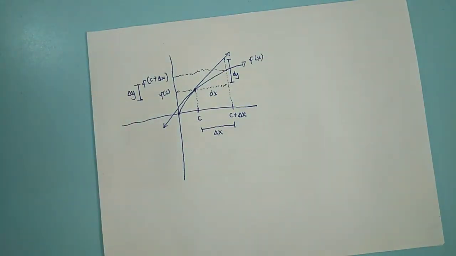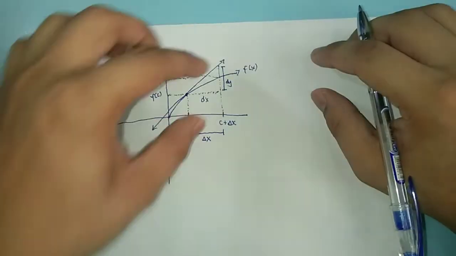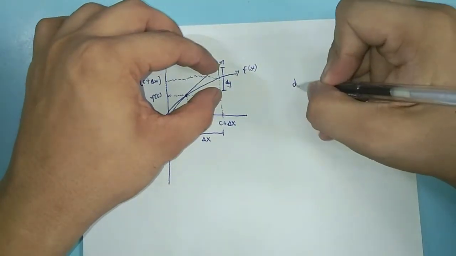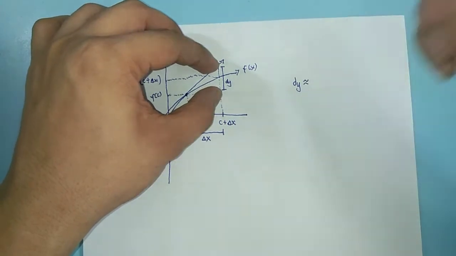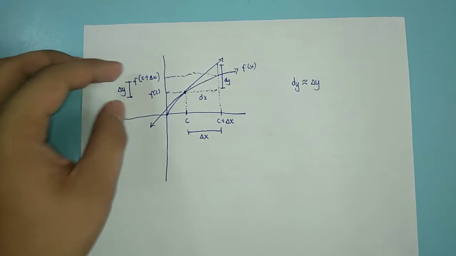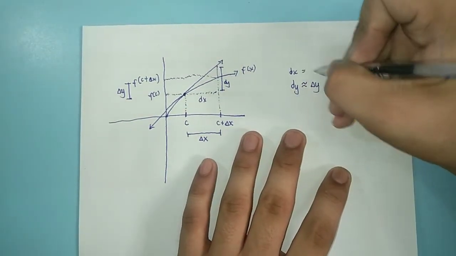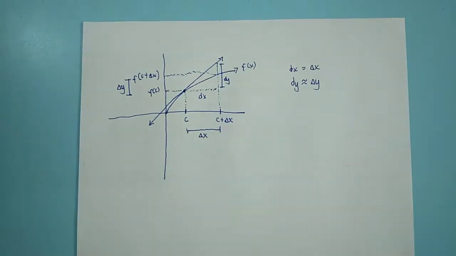Okay. Now, as you can see, yung dy natin is the approximation ng ating delta y, for dx equals delta x.